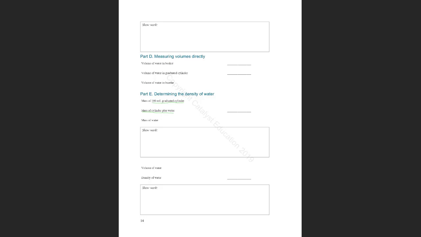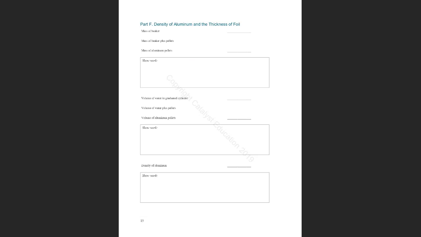So if you want to know the mass of the water, you just subtract one from the other. This is all it is. The volume of the water, they will tell you. And the density you will calculate by mass divided by volume. But make sure you pay attention to the correct number of sig figs.